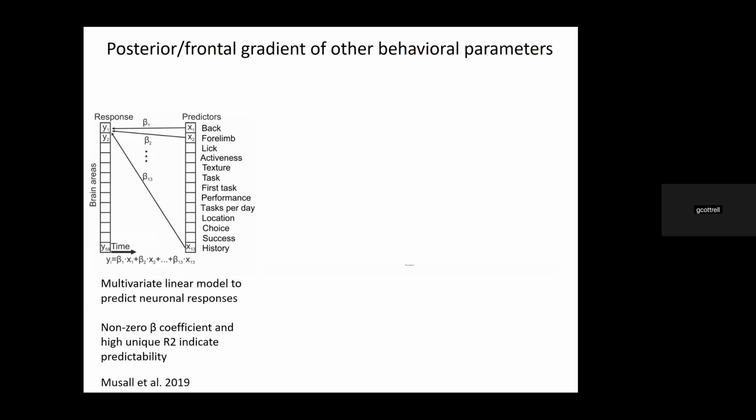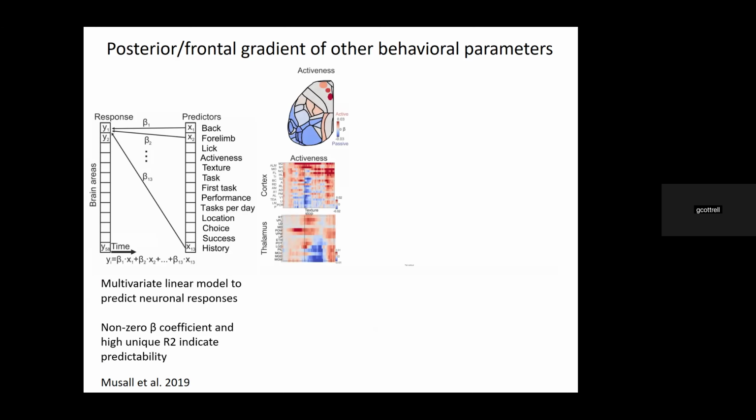I'm just quickly going to show you what happens in the beta coefficient. So for activeness, the predictor can predict, have a positive beta coefficient in the frontal cortex, negative in posterior cortex. On the bottom here, you can see what happens in dynamics over time. For thalamus, also this posterior frontal axis in terms of beta coefficients.